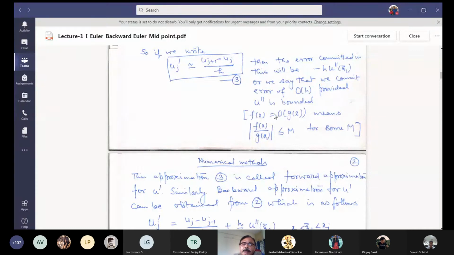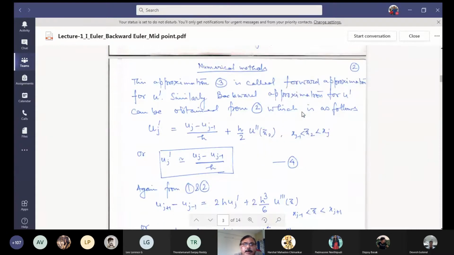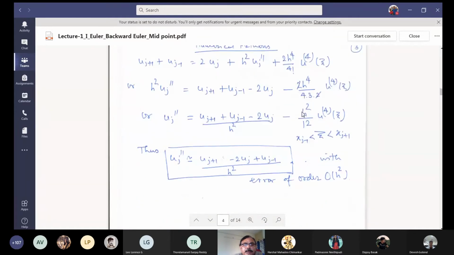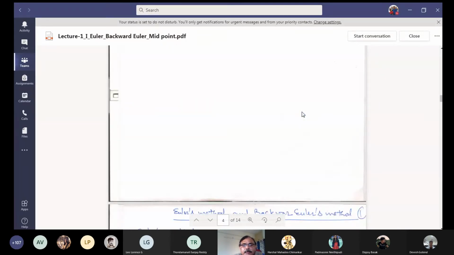We say f is of capital O of g(x), another function, if the magnitude of f(x) by g(x) is less than or equal to M for some M, obviously greater than 0, because it's a magnitude. If this happens, f will be of capital O order g(x). We'll use this fact, the capital O term. Now I will go directly to Euler's method first.